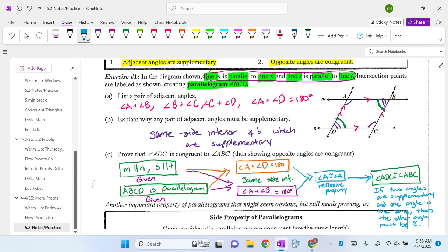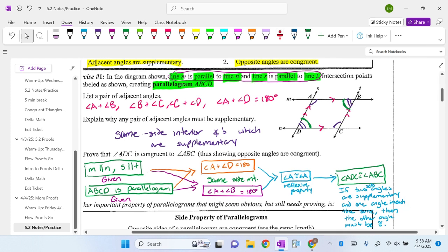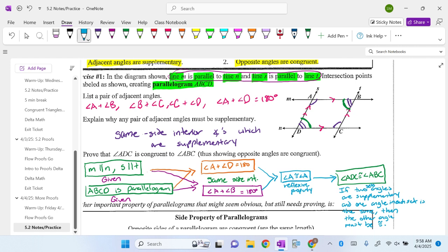So if two sets of angles are supplementary and one angle in each set is the same, then the other angle must be congruent. Sorry, guys, I'm just really trying to get the wording right.